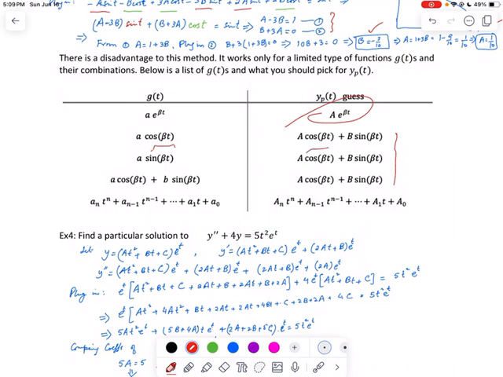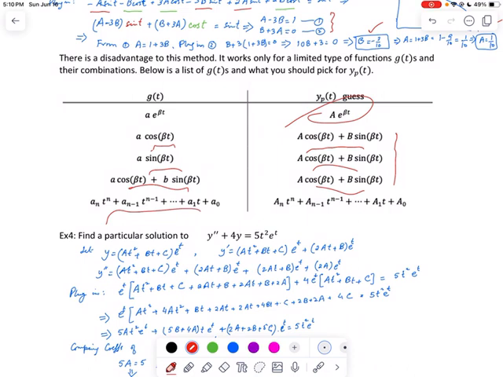Then if you have just a cosine term, you will have cosine and sine both in the guess. If it's just a sine term, you'll have both in the guess in the particular solution, I should say. If you have both in the function, you will have both in the particular function.